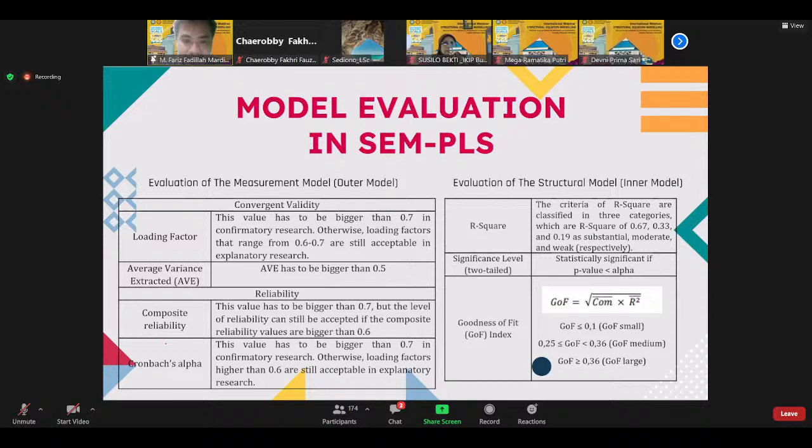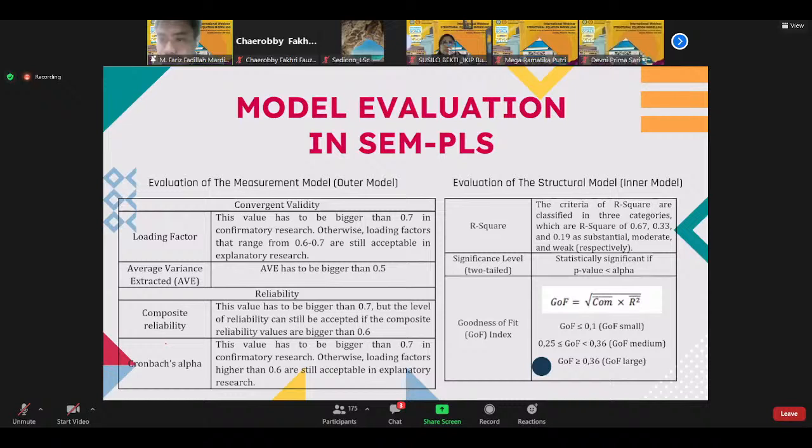And then for the evaluation of the structural model, the inner model, you can use the determination coefficient or R-square. The criteria of R-square are classified in three categories, which are R-square of 0.67, 0.33, and 0.19 as substantial, moderate, and weak respectively.